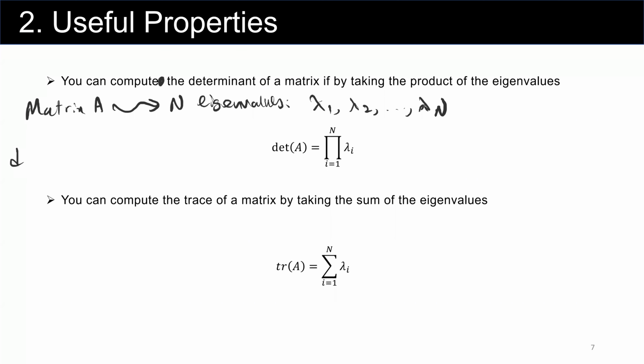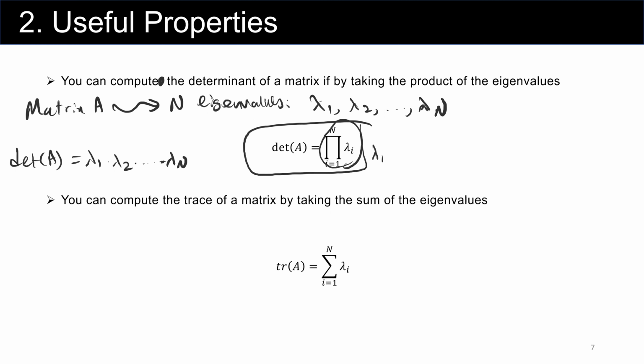So in order to find the determinant of matrix A, instead of going over the complicated determinant equations, we can simply multiply all these: lambda 1 multiplied by lambda 2 multiplied by lambda n. And if you want to show that in the compact form, this is how we represent it. So this means multiplying lambda 1 to lambda n.